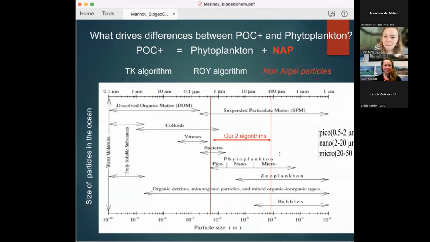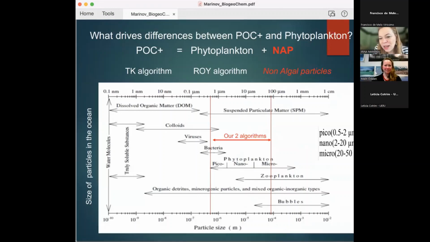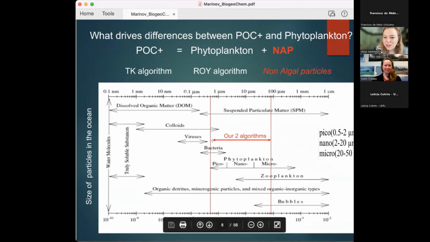Here we're using the same size ranges for both of these products. The idea is that within the size ranges, pico, nano, micro, we have zooplankton, organic detritus, bacteria, depending on the size range.